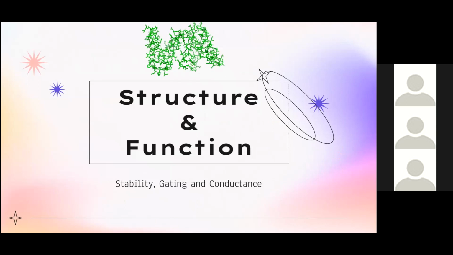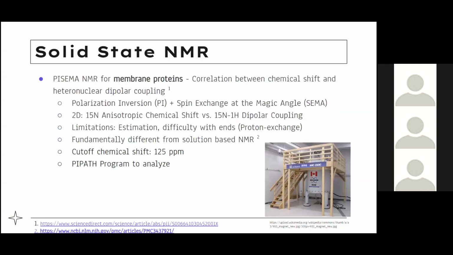And moving on to structure and function, first, we wanted to discuss solid state NMR because it was a technique that was very important to this study in characterizing and describing the function of this specific protein. And so they use a specific NMR here called PISEMA NMR that's specific for membrane proteins, and it stands for polarization inversion spin exchange at the magic angle NMR.